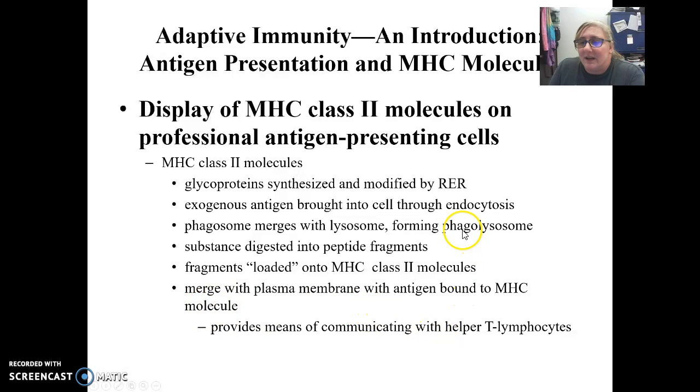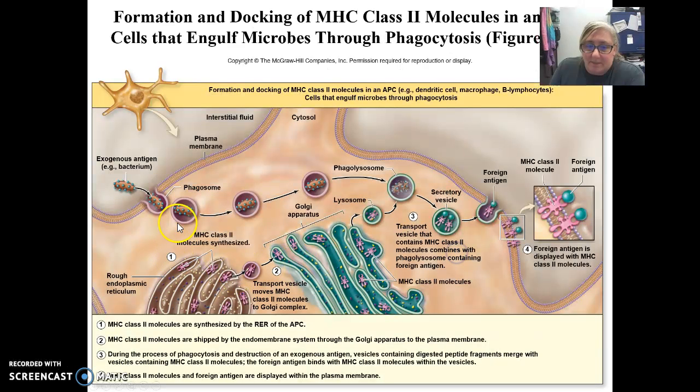And they're going to be presented if a pathogen is taken in and broken down by a phagocytic cell. So we have some phagocytic cell that gets taken in, and here just bacteria, that's going to be broken down.